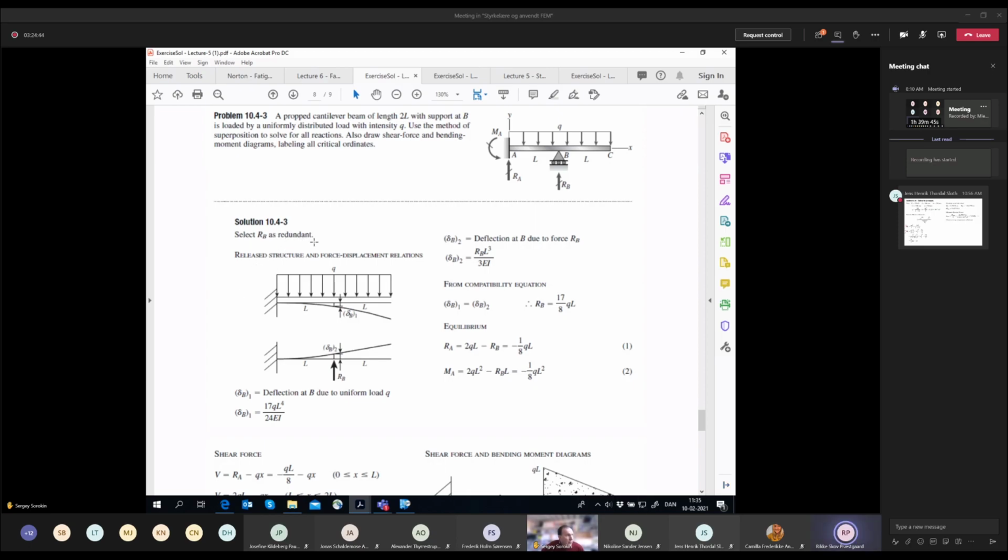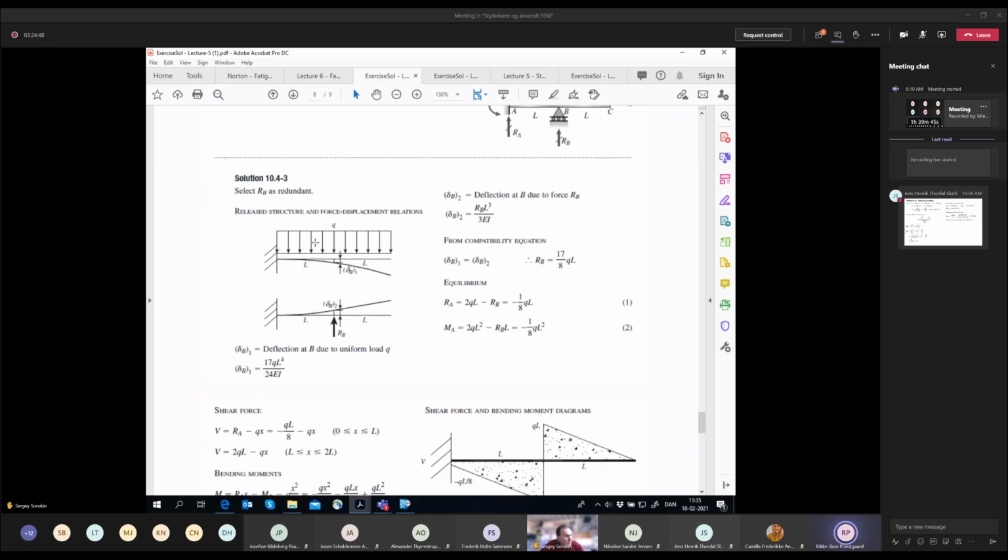The first one, the deflection at B due to the load Q, you said we used the deflection in the y direction, the first one in Appendix G. But for the second load, the RB, this one matches up with the fourth one in the Appendix, but it's not the y, it's the delta B. How come?